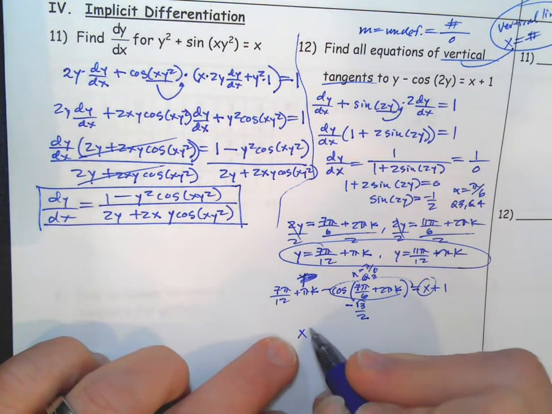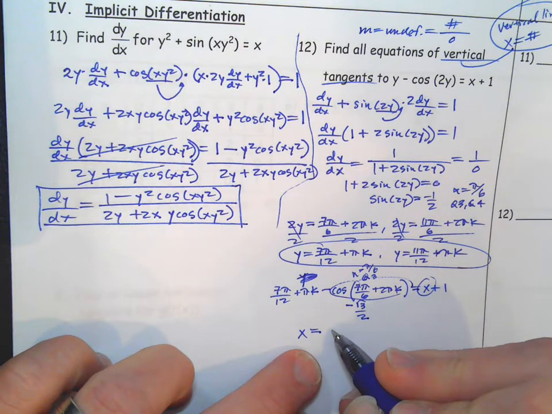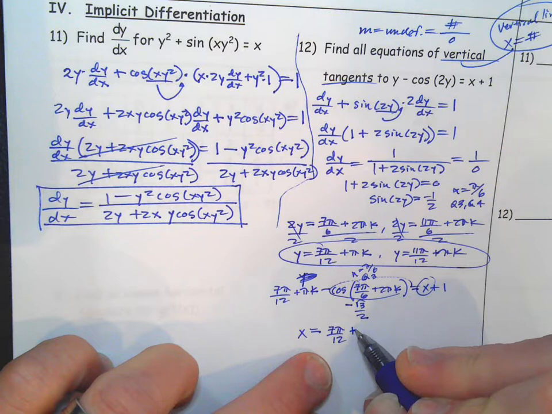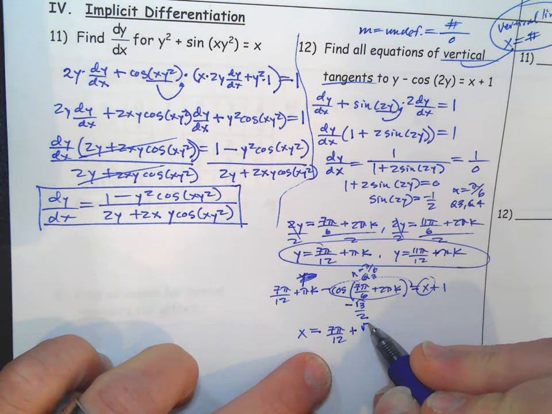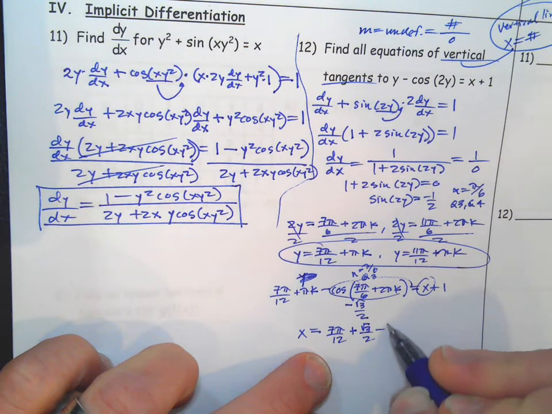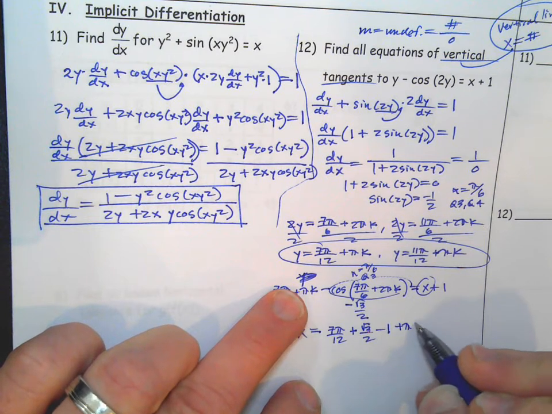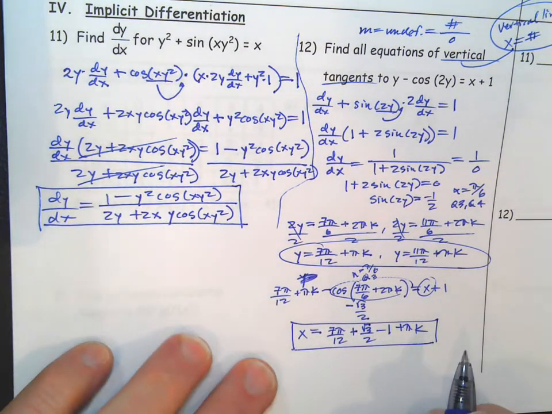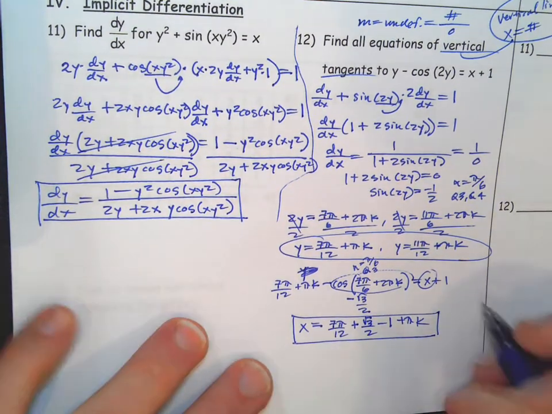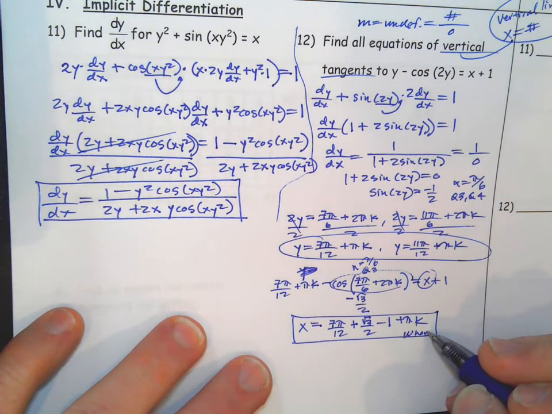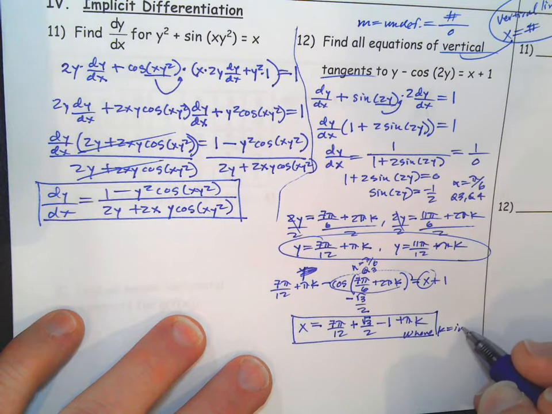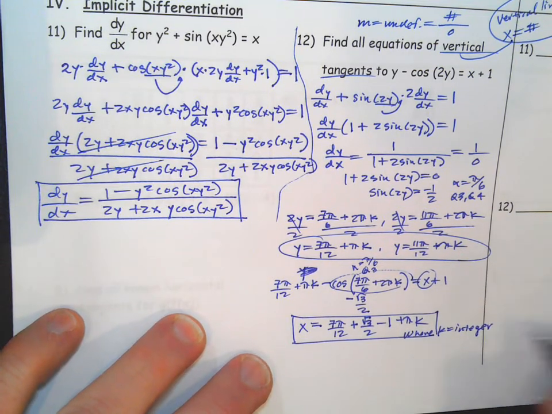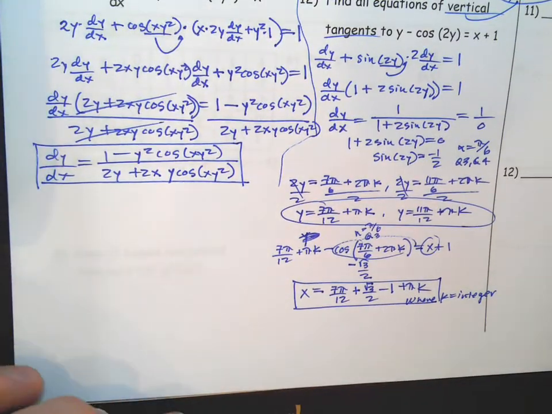So x equals 7 pi over 12 plus root 3 over 2 minus 1 plus pi k. So that's a whole chunk of vertical tangents, and where k equals an integer is the more technical way of writing that, because usually I'm lazy about that. It's just in the middle of my work.